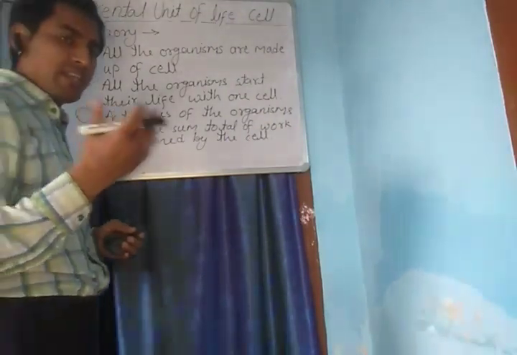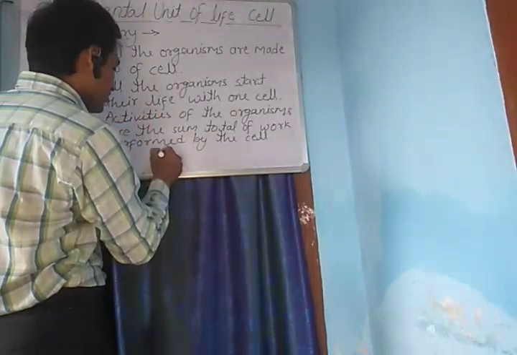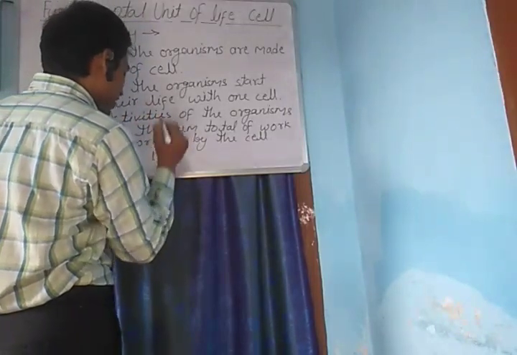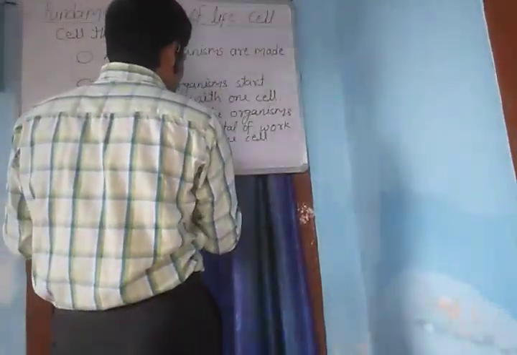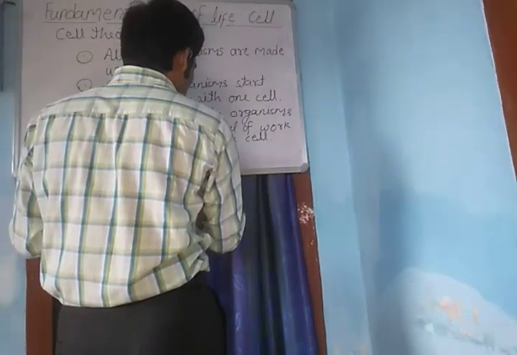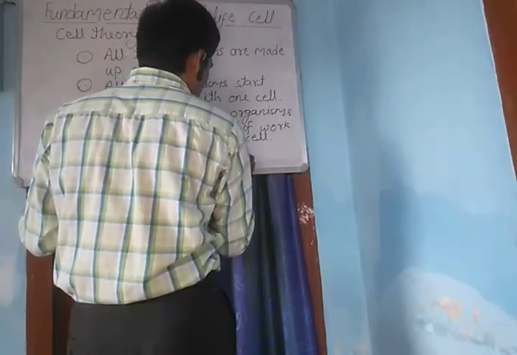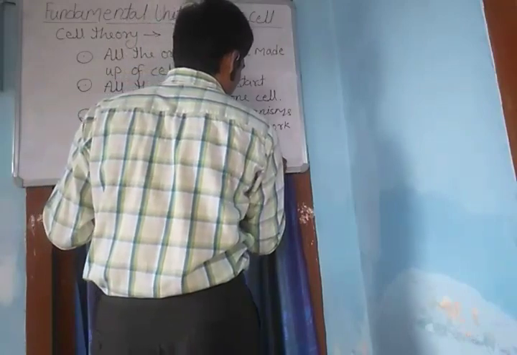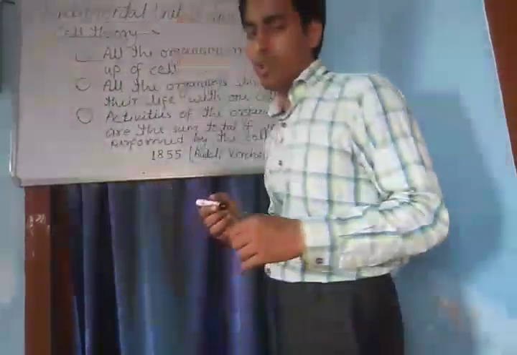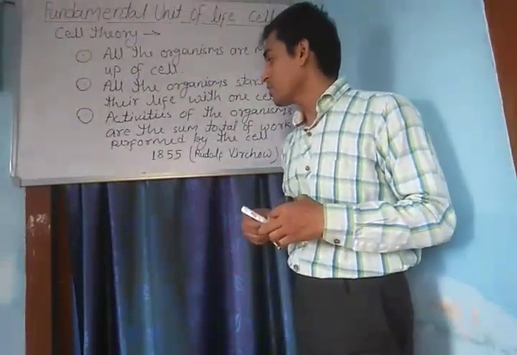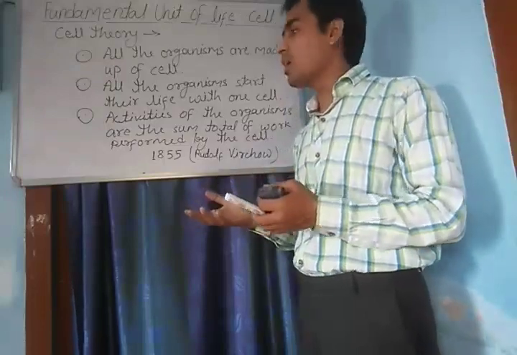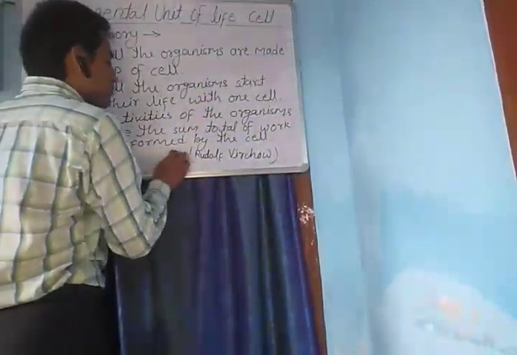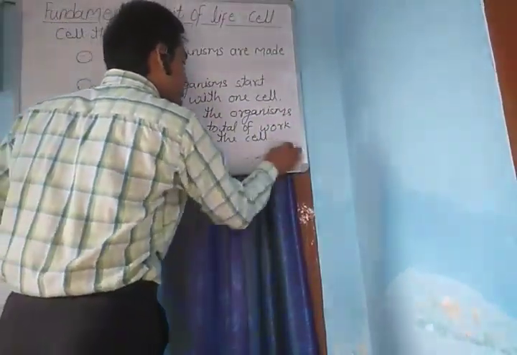But in 1855, a scientist, Rudolf Virchow, expanded the cell theory, and he observed all the new cells formed from the pre-existing cell.